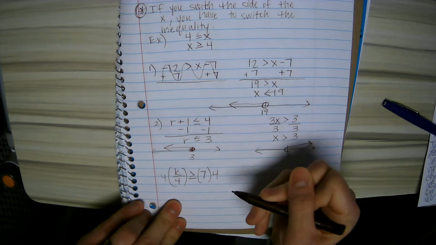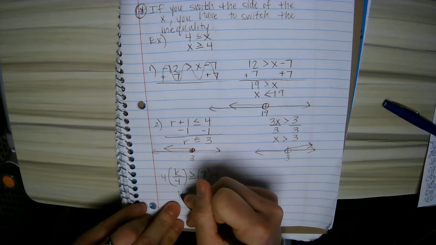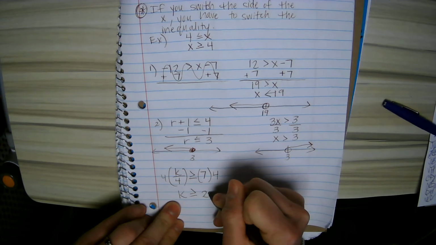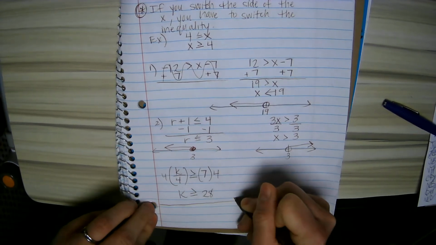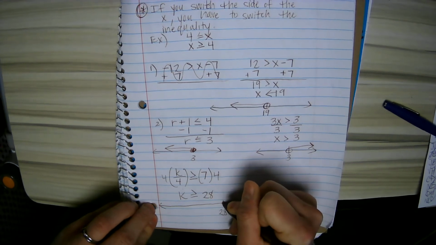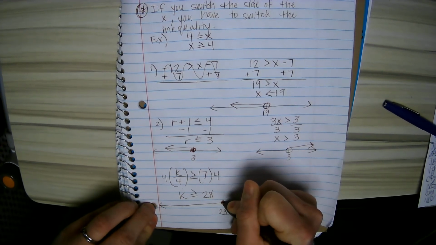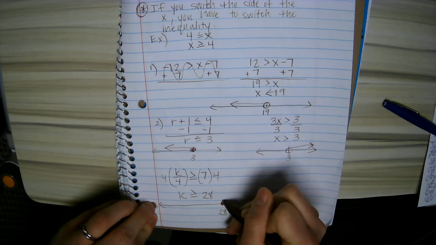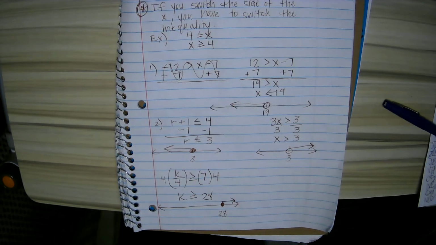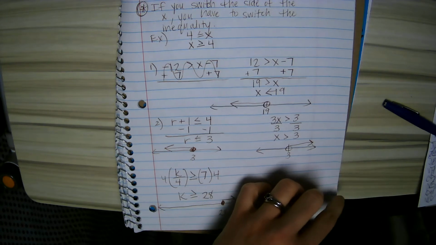Make sure you're showing that. So we would have k is greater than or equal to 28. This time we would find 28 here. We would close, and our arrow is going to the right. Alright? So hopefully that's not too bad.